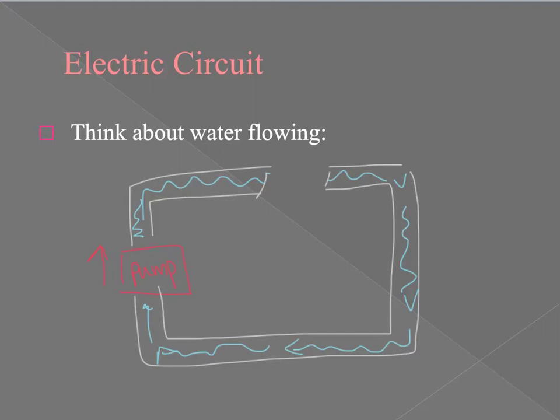So what we must have is this ability for our water to flow. So we reconnect this so that it can go around. So really a circuit is very similar to having water flowing. You have to have somewhere that it can go, and it must be able to travel all the way around. So this is very similar to the way a circuit works.